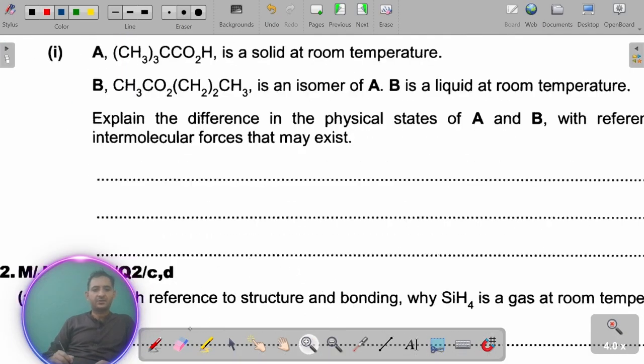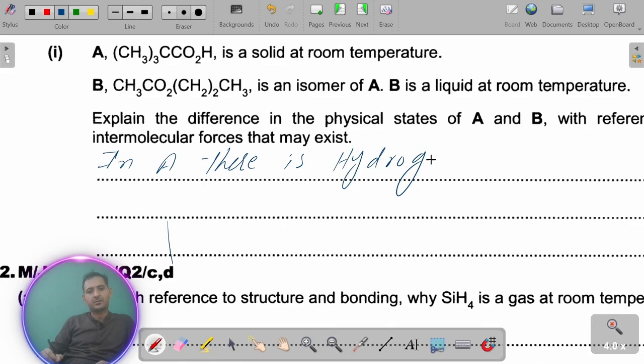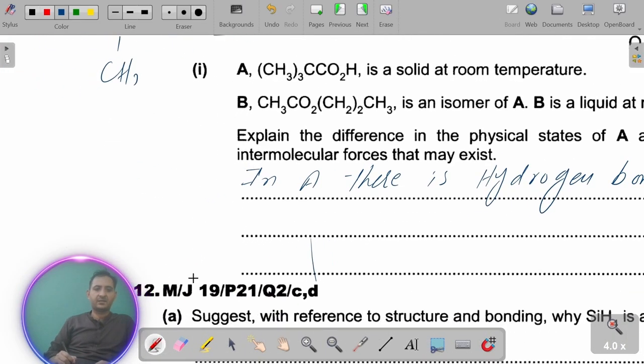So in A, there is hydrogen bonding, while in B there is no hydrogen bond. B is CH3, then oxygen, C double bond O, then CH2 twice, and then CH3.